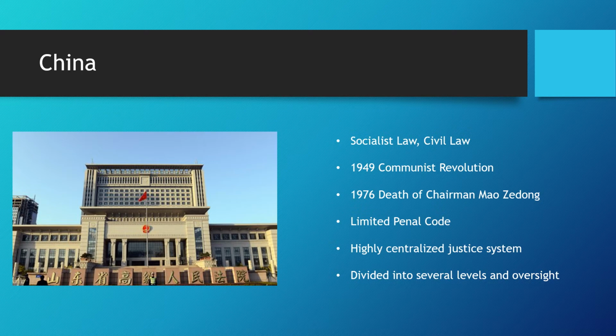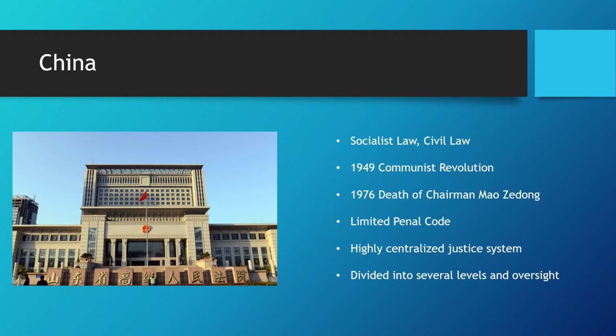During this time, they adopted many ideas from the Soviet Union, which adopted its ideas from Karl Marx, with Lenin and Stalin, all that stuff, the concept of really strict, straightforward, classical communism. During this communist rule between 1949 and the death of Mao Zedong in 1976, they looked at penal codes, especially when it came to criminal law, as a way of bringing people down, making people unequal.